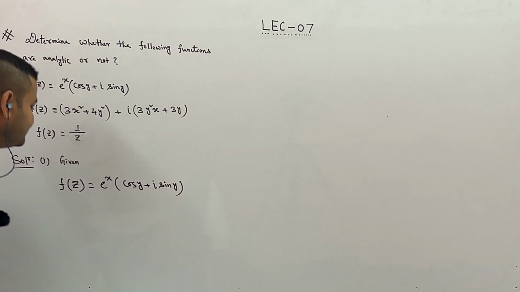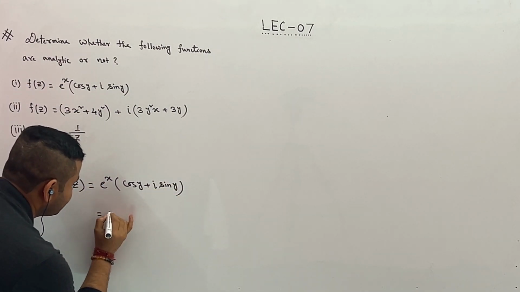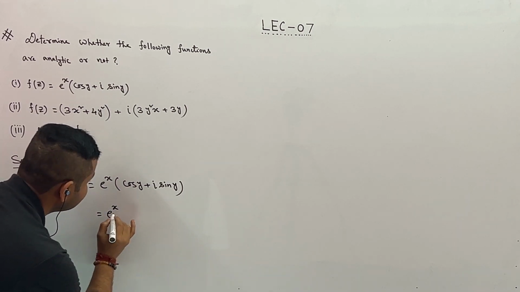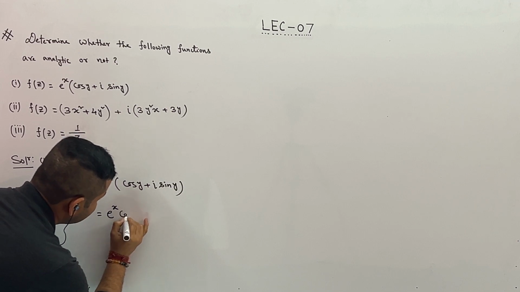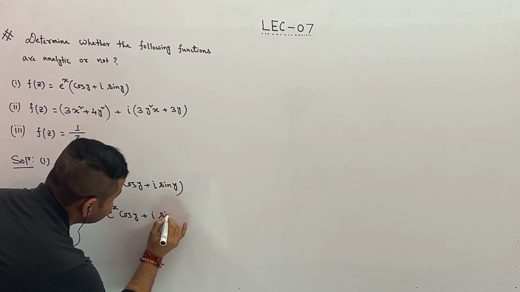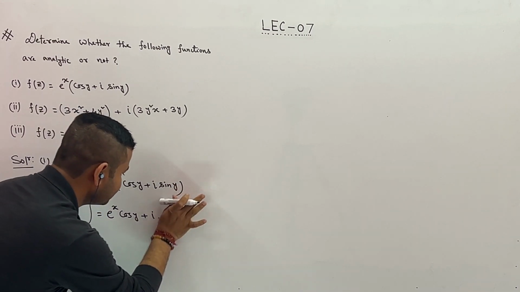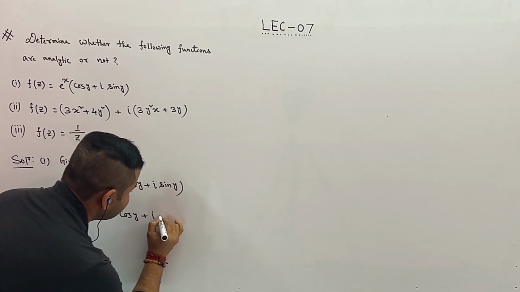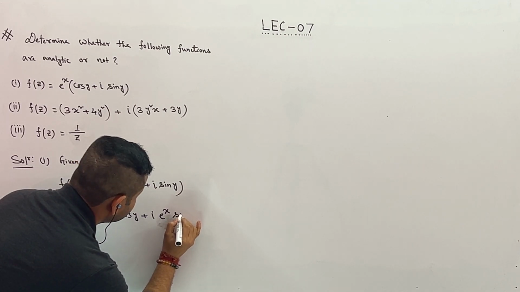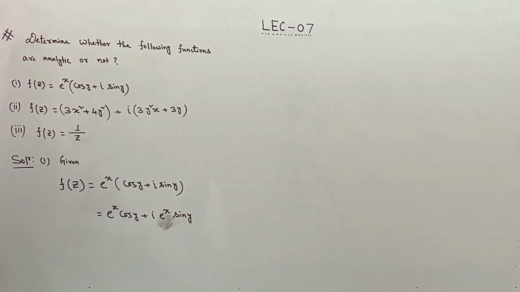Now let us simplify. After simplifying, we can write f of z is equal to e to the power x cos y plus iota e to the power x sin y.